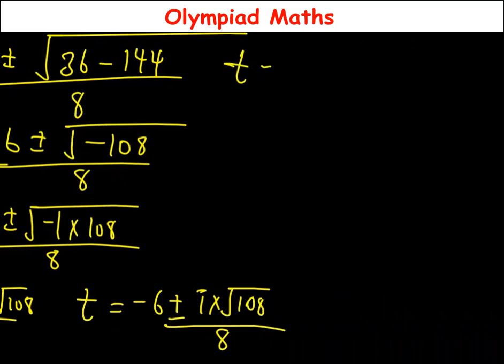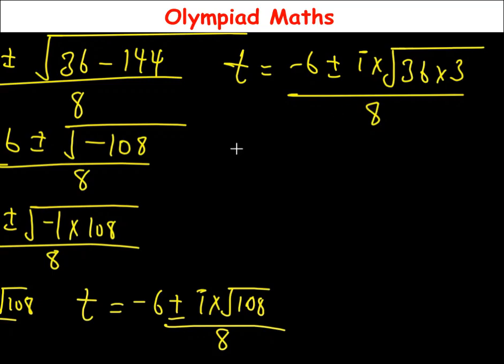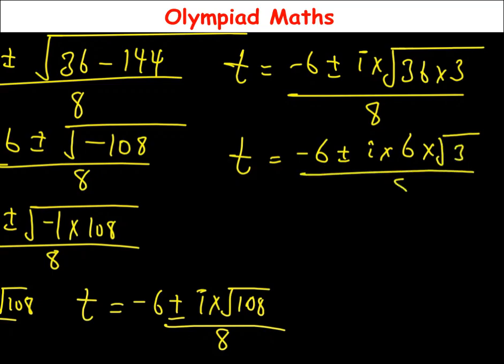Solving this further, the value of t is equal to minus 6 plus or minus i times, now root 108 can be written as root 36 times 3, all over 8. From here, t is equal to minus 6 plus or minus i times root 36, which is 6, then times root 3, all over 8.